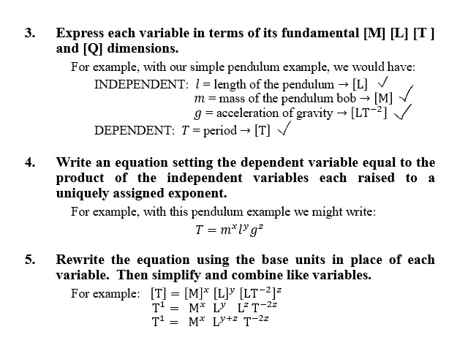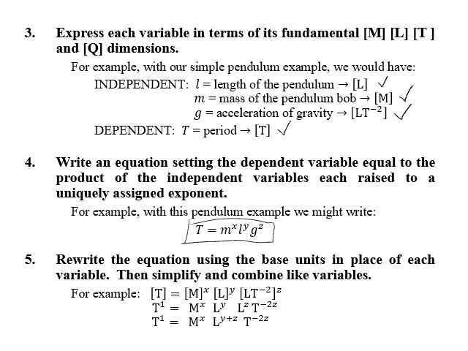So I write the equation that T, my period, is going to be m to the x times L to the y times g to the z. In other words, I don't know the powers of those variables yet, but if I multiply them together with the right powers, I should be able to combine them in a way to get the units that are on the left side of my equation. So I write that equation.